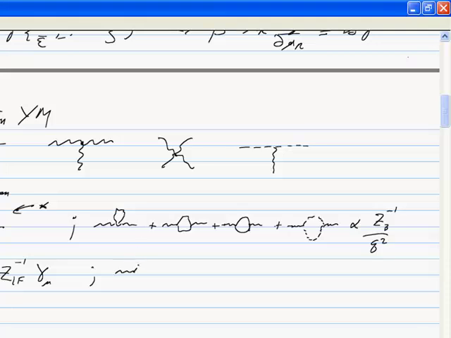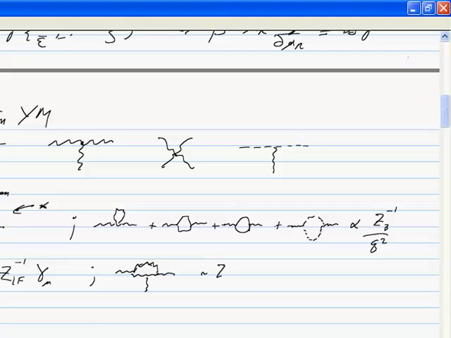You do things that look like, actually I haven't got all the diagrams drawn here, but there's certainly, maybe that's it. There's of course various permutations on that.